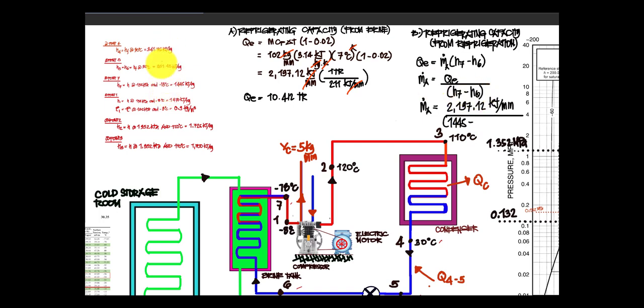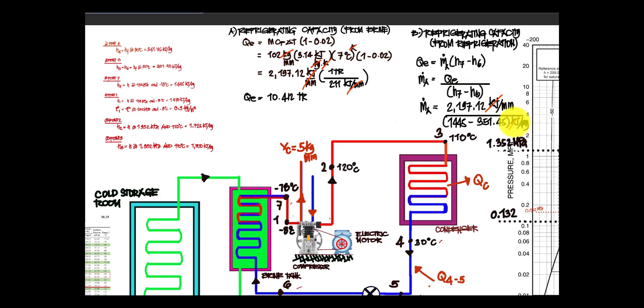Looking back at the values here, enthalpy 6 is equal to enthalpy 5, HF at 30 degrees, so we have 351.45. The units will be kilojoule per kilogram. So we can cancel out the units here: kilojoule cancels out, kilojoule cancels out.